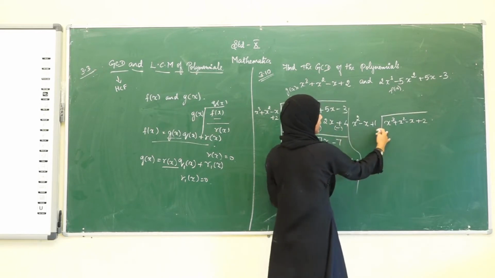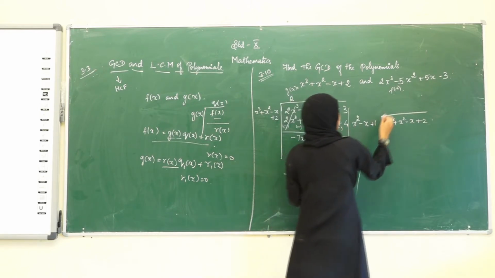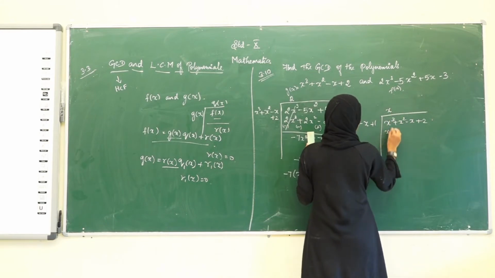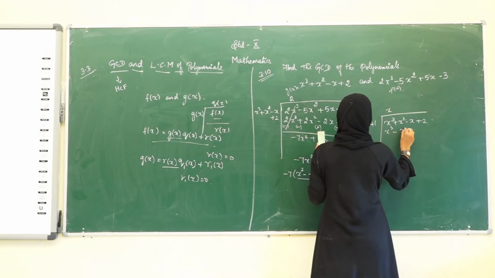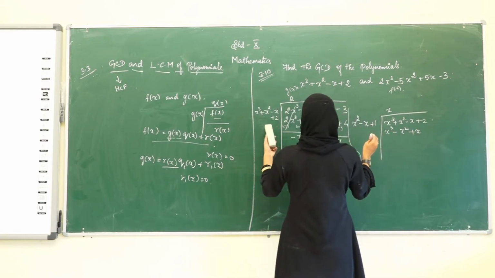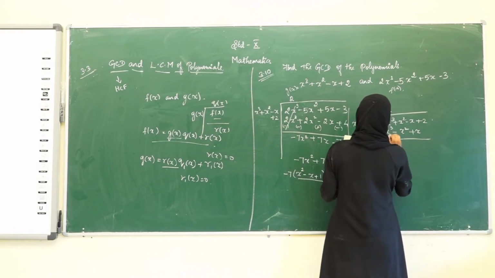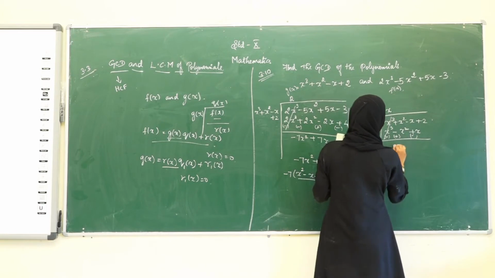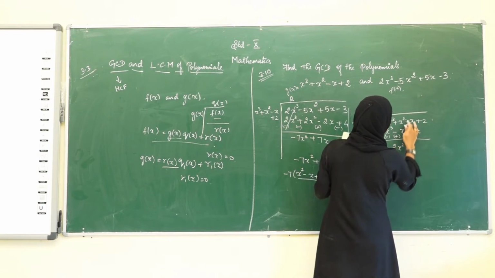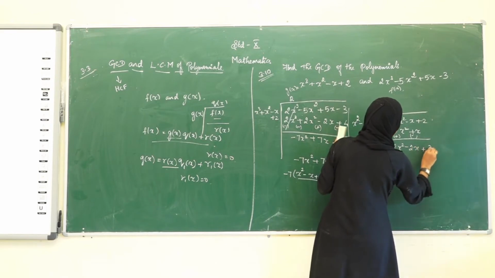See here, consider the first term itself. So, we can multiply by x to get this term. What we get is x cube minus x square plus x. Subtracting, this term gets cancelled, and we get 2x square, minus 2x plus 2.